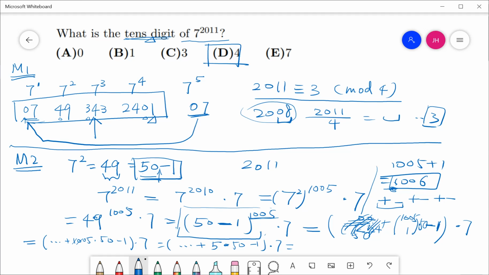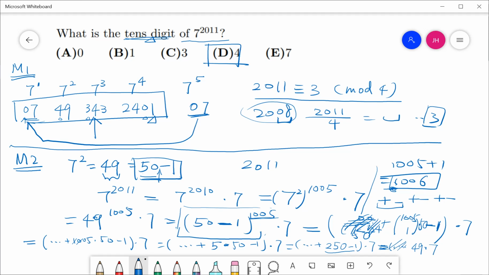So again, this is dot dot dot plus 250, minus 1, times 7. We can use modular algebra here to make it more rigorous, but for simplicity, for this problem, it's not necessary. So let's continue the calculation. That minus that, the last 2 digits will be 49, right? Times 7.